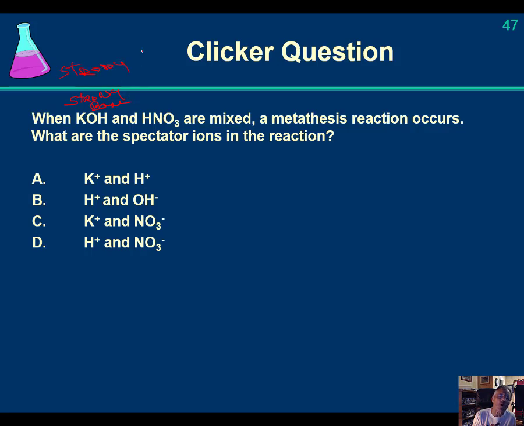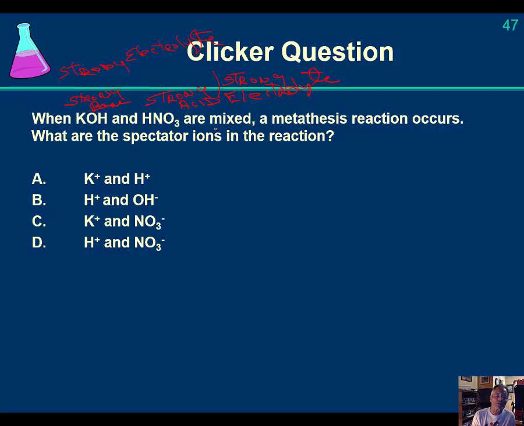And if it's a strong electrolyte, it dissociates completely in water. Okay? So this guy's going to dissociate completely. Hopefully you recognize this. It's a strong acid. And if you recognize it as a strong acid, you must know that it dissociates completely and is a strong electrolyte.